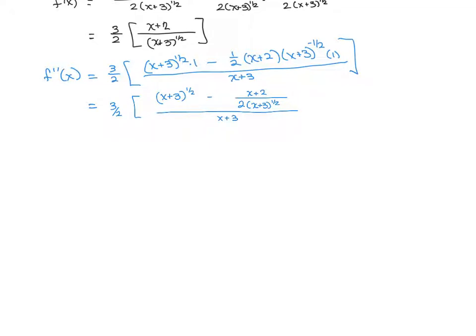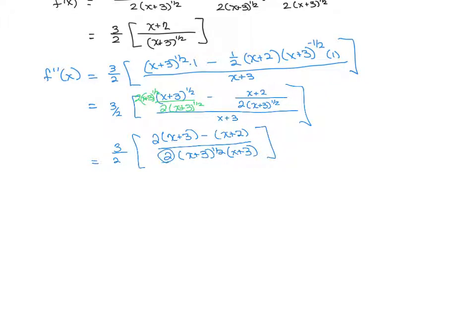And remember, I want to multiply by the one thing that's going to get me this denominator, 2 times x plus 3 to the 1/2, in the top and the bottom. So I have 3/2, and in the numerator, that's going to be 2 times the quantity x plus 3 to the first power minus x plus 2. And I can bring that denominator down with the other denominator.